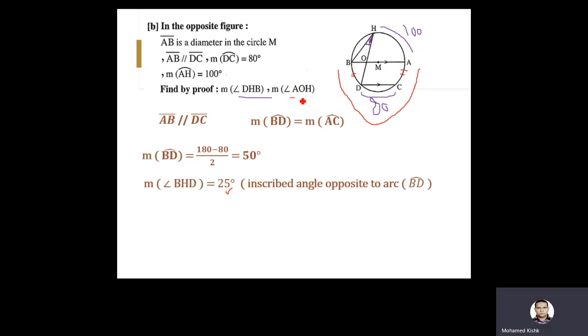Let's go to the next question. Measure of angle AOH, this angle. We already know that this angle is formed by the intersection of two chords of a circle. So the measure of angle AOH is half the measure of arc AH plus BD, which is equal to half of 50 plus 100. This means it's 75 degrees.